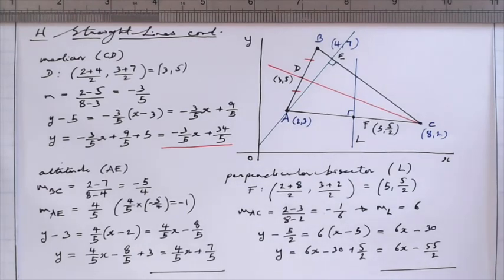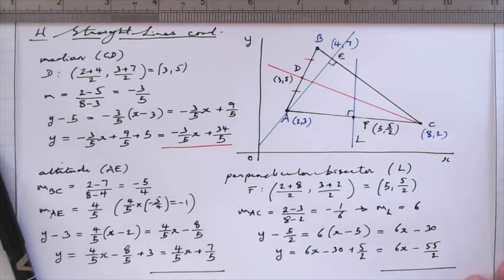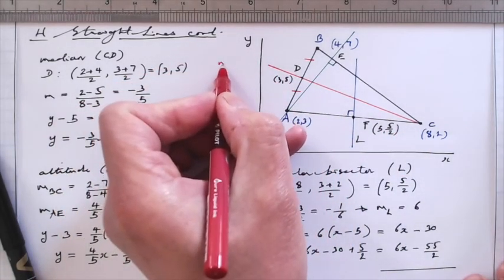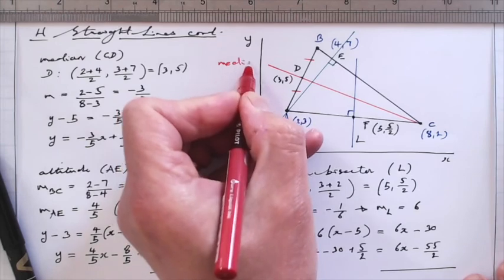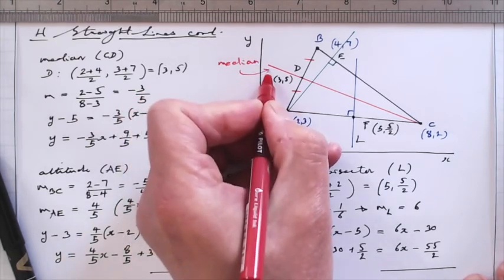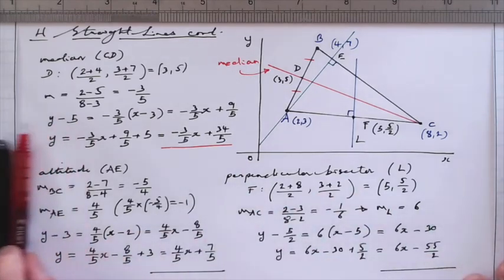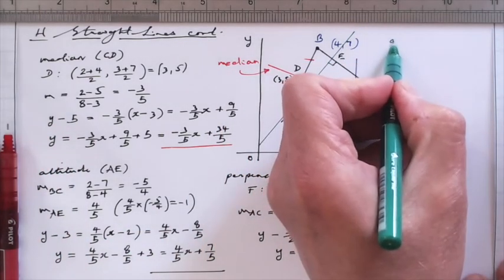Very good. So let me just label this triangle. It might help you in the future if you're referring back to this video. So this red line here was a median. And that was the first thing that we calculated. The green line we calculated is an altitude.